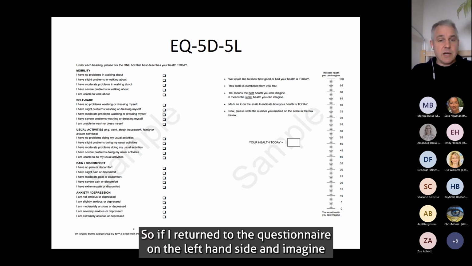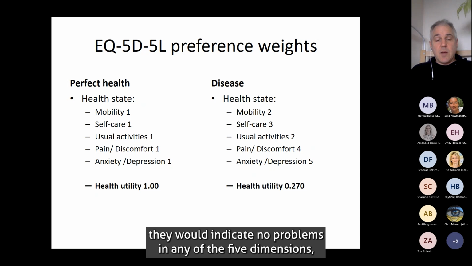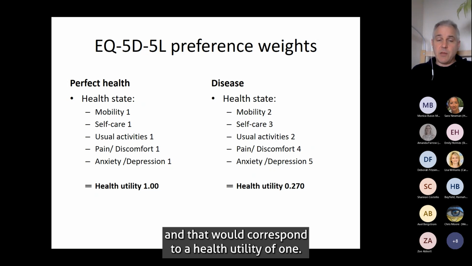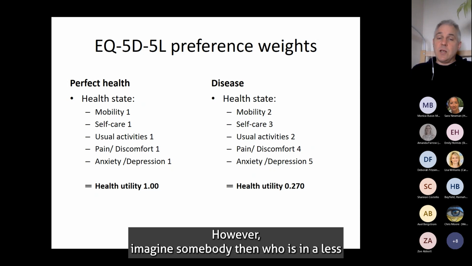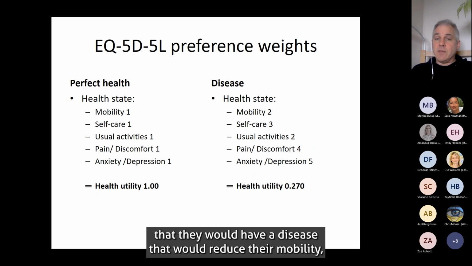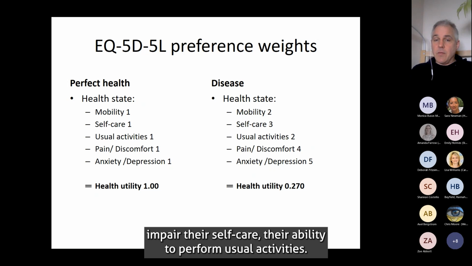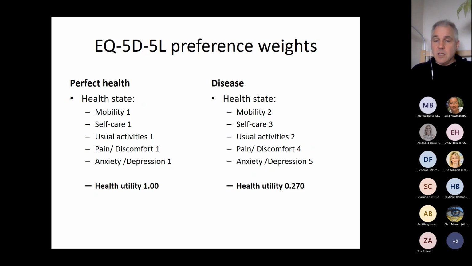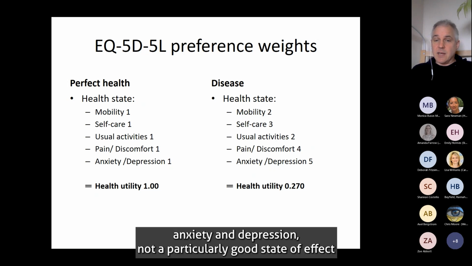So if I return to the questionnaire on the left-hand side and imagine somebody who has reported perfect health, they would indicate no problems in any of the 5 dimensions, and that would correspond to a health utility of 1. However, imagine somebody then who is in a less perfect state of health, that they would have a disease that would reduce their mobility, impair their self-care, their ability to perform usual activities, and they would be associated with a high level of pain and discomfort and extreme anxiety and depression.